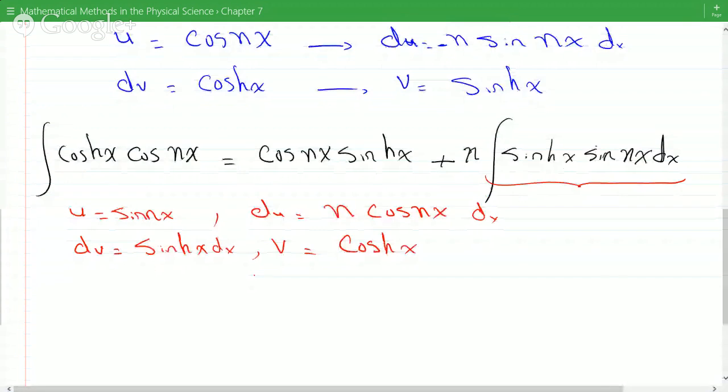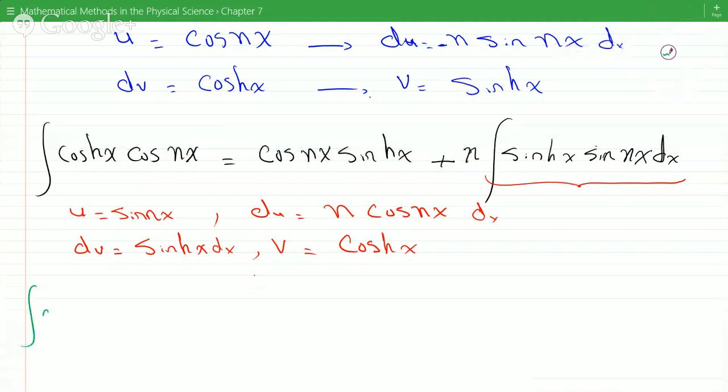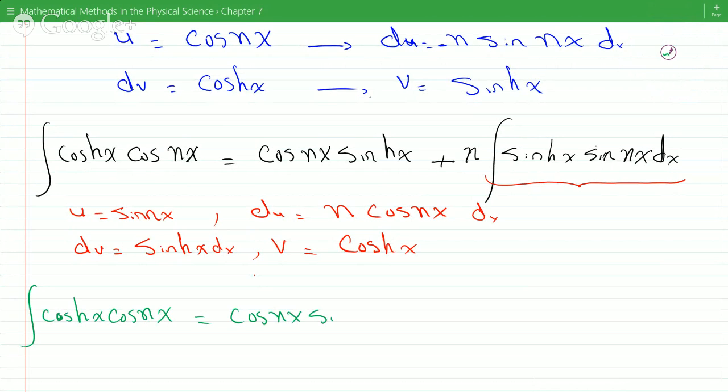Okay, and now we plug in again, so we get the integral of cosine hyperbolic x cosine nx equals cosine nx sine hyperbolic x plus n, and we'll do by parts here.